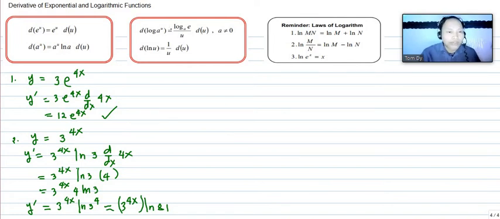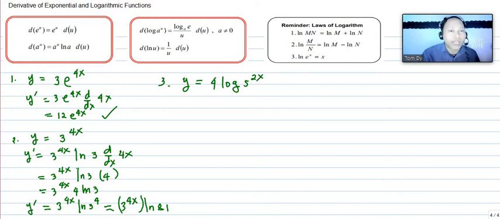Now we will have an example for this formula. Example number 3. We have y is equivalent to 4 logarithm of, let's say, 5 raised to 2x.